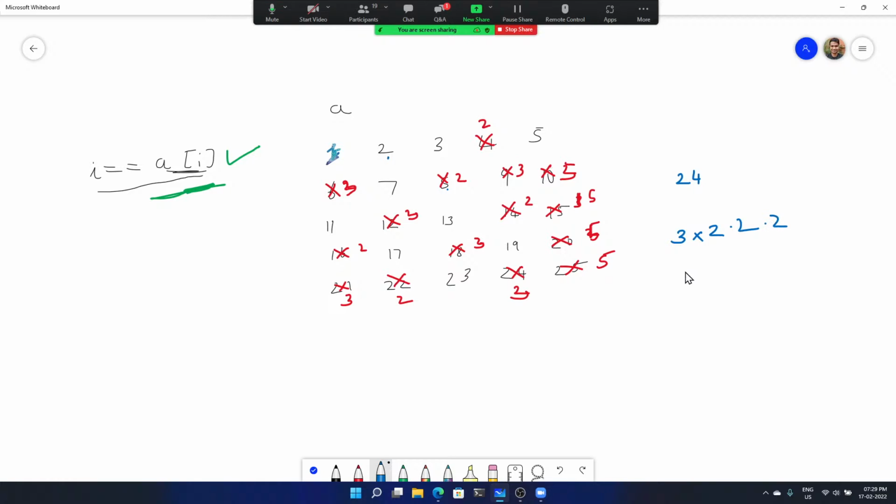So that is 3 into 2 into 2 into 2. This is nothing but the prime factorization of 24. So 24 is equal to 3 into 2 raised to 3. This is the easy way of doing the prime factorization.